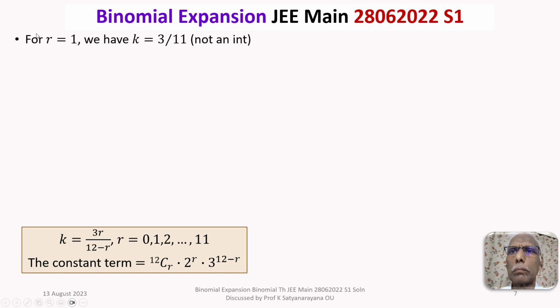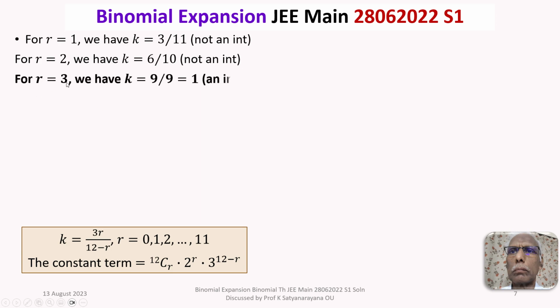So we go to r is equal to 1. Then k is equal to 3r by 12 minus r, which is 3 by 11, which is not an integer. So leave it, and take r is equal to 2. Then k is 3 into 2 by 12 minus 2, that is 6 by 10, which is not an integer. Leave it.